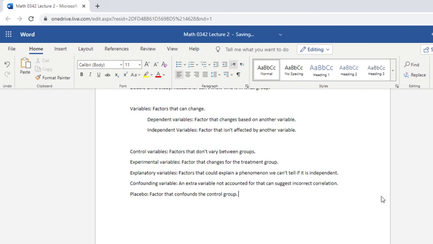So it masks the control group. No one knows who the control group is, at least not between the control group and the treatment group. So again, we need that placebo sometimes so that we can make sure that people don't start making observations that aren't actually there.